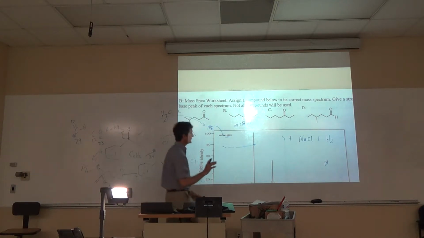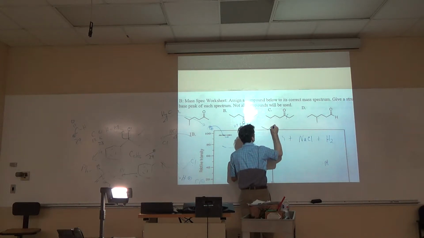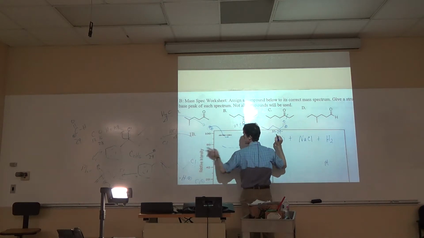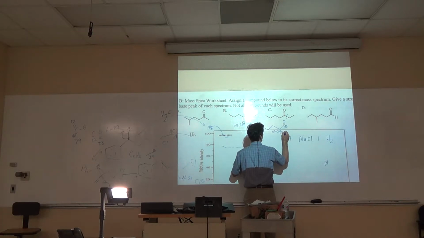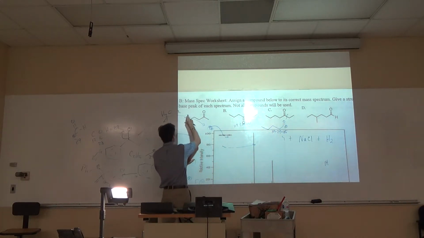Okay, well, what do we expect here? I expect this to cleave here to give this carbonyl, that's M minus 29, which is the opposite of what we were doing. Are all of these isomers? Yes.